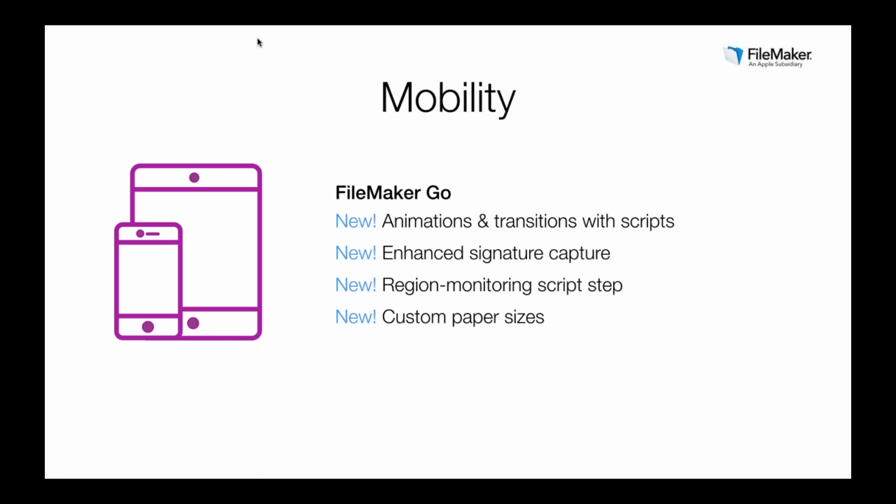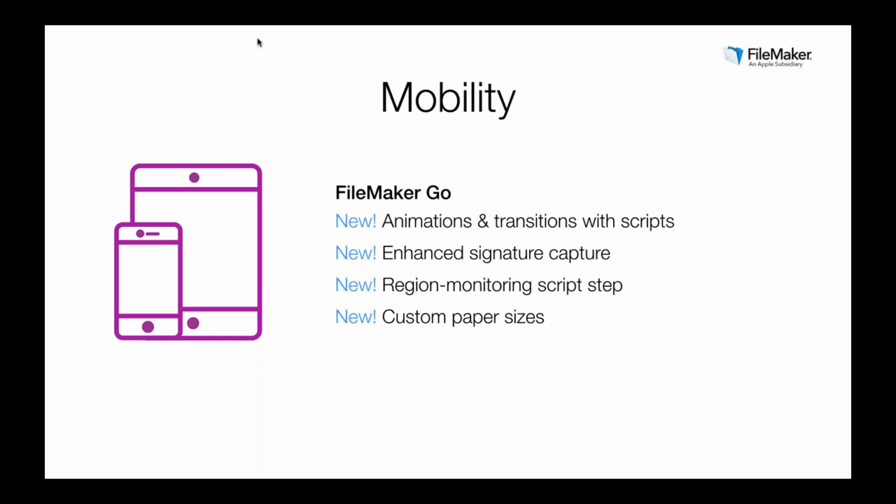I've seen some people who have developed these and taken off all the menus around FileMaker Go, and you really can't tell it's FileMaker Go. It really looks like a native iOS app that was written in something like Swift or Objective-C, one of the high-end programming languages.